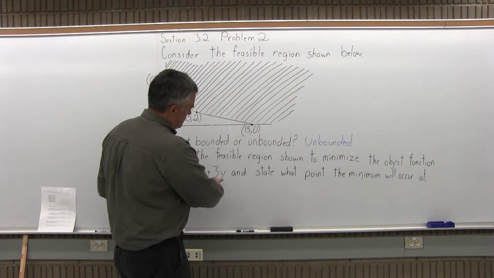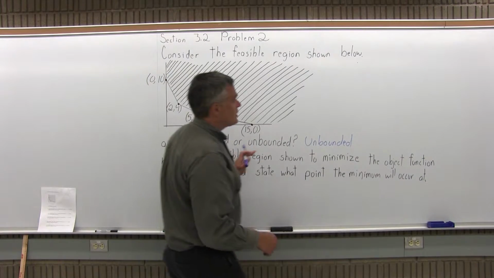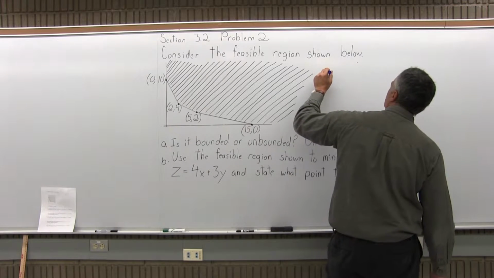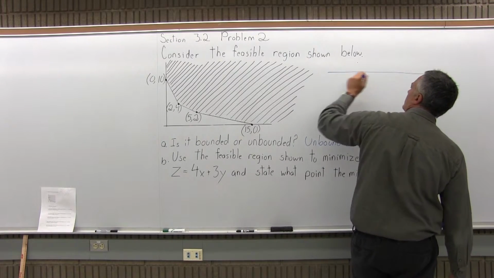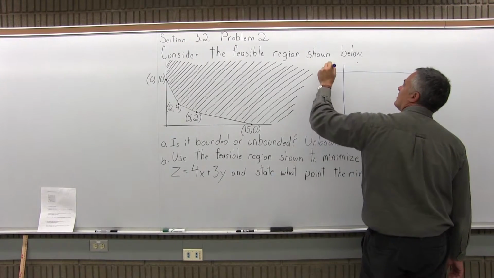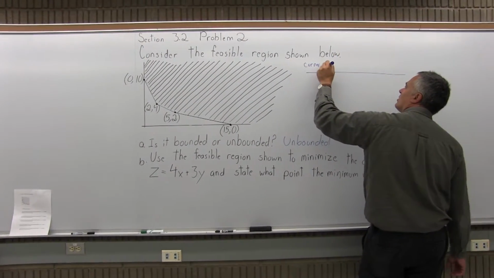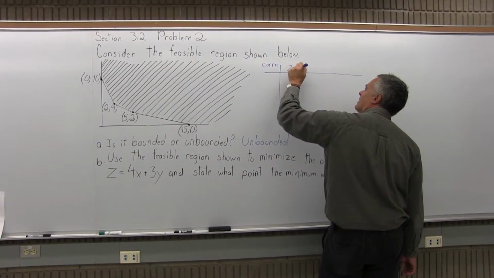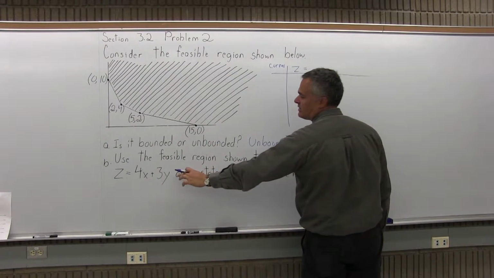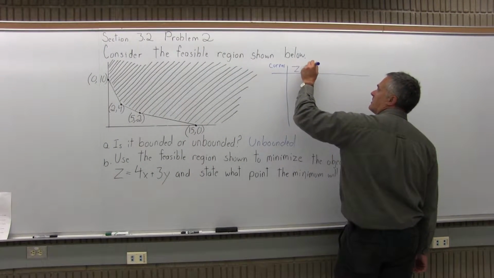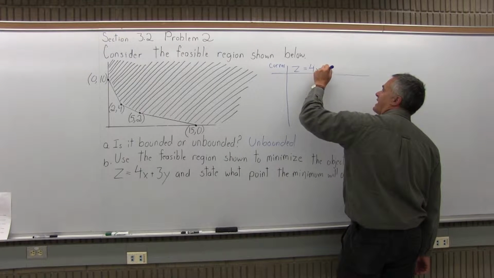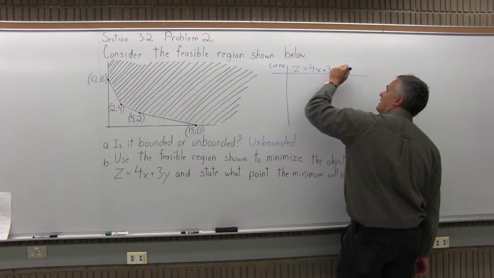So what we're going to do is set up one of those charts with 3 columns. The first column will be the corner points. The middle column, which I'll make a little bit wider, will be the object function, and for part B, that object function is z equals 4x plus 3y.